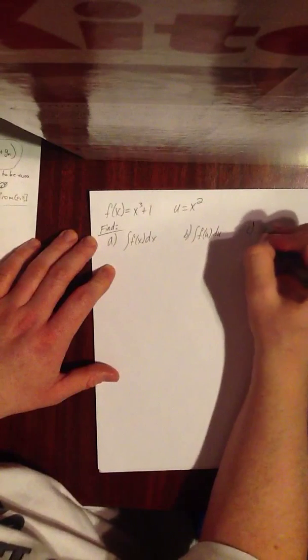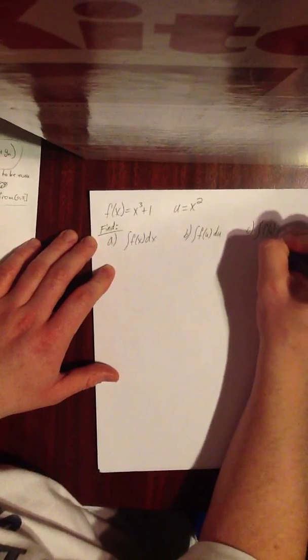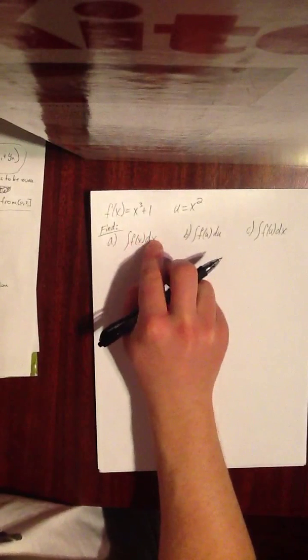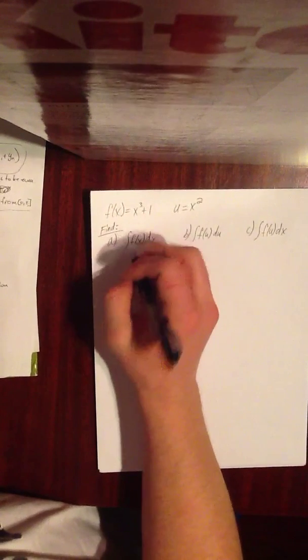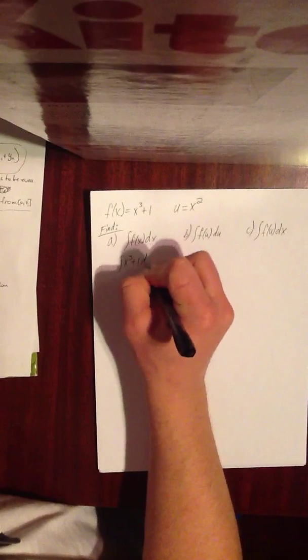C is the integral of f of u dx. Pretty weird, huh? Well, first one should be easy. Integral of f of x dx. Well, that's just integral of x to the third plus 1 dx.